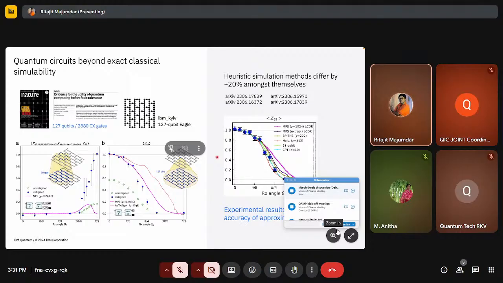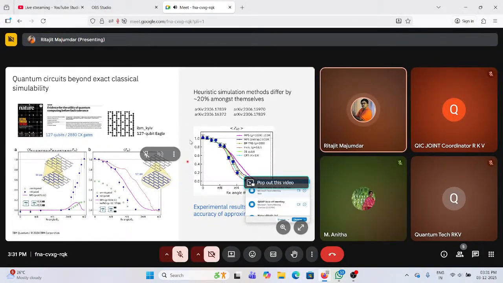Where we are going towards, see, at this point, why do we call it utility? Of course, quantum is doing better. But you can argue that people have been able to come up with tensor network methods. So you can still argue with me.